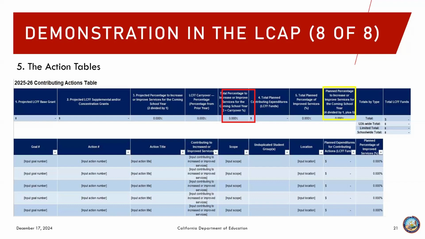If the planned percentage is greater than or equal to the total percentage to increase or improve, then the LEA is sufficiently demonstrating how it plans to increase or improve services. Otherwise, the LEA is not, and the LCAP can't be approved. In order for the LCAP to be approvable, then the planned percentage has to be equal to or greater than the total percentage to increase or improve services.